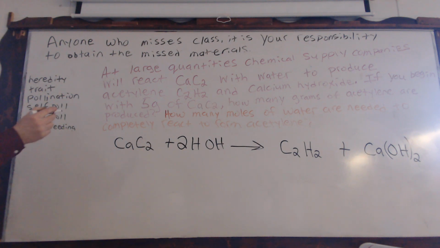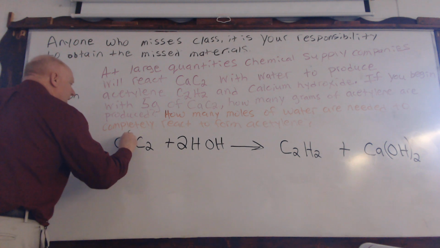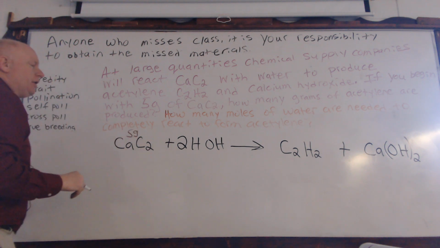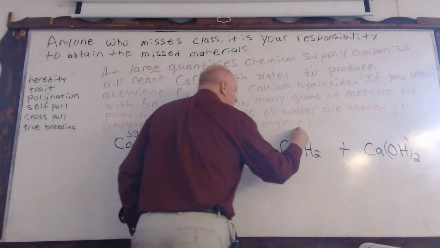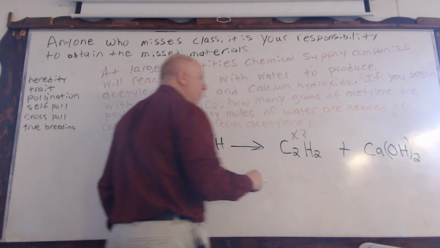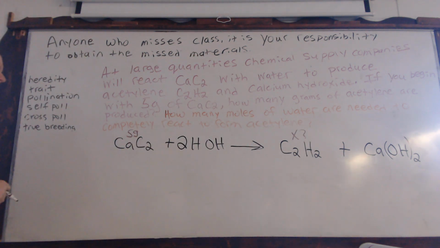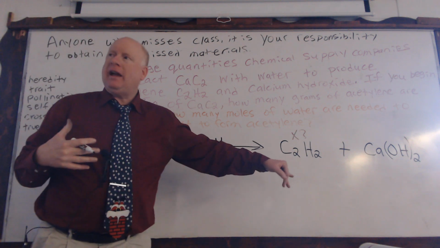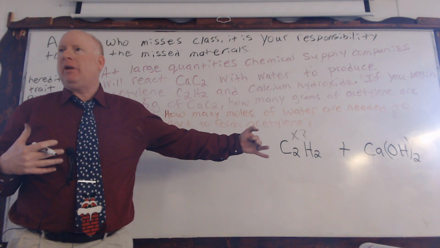So, we got 5 grams of calcium carbide, 5 grams of this. So, how many grams of this are going to be produced? We don't know. All right. This is one of those instances: if you did not balance this correctly, is that going to affect your answer in this problem? Probably.